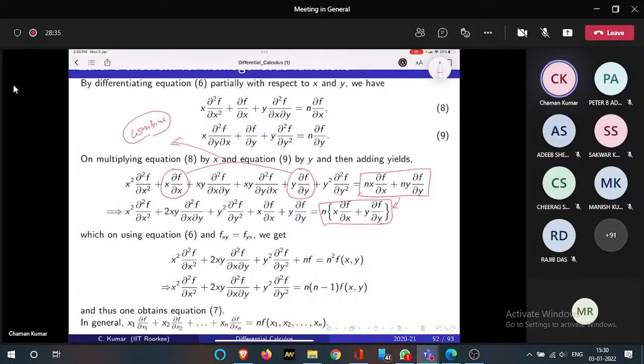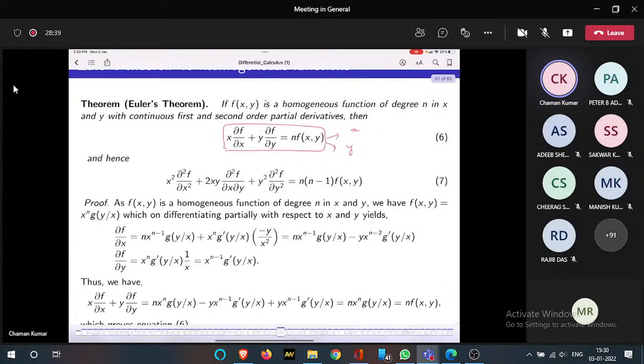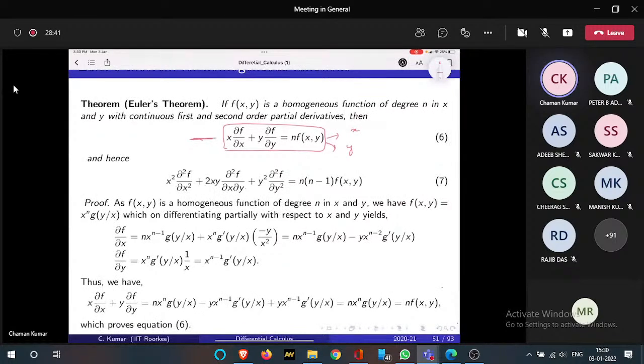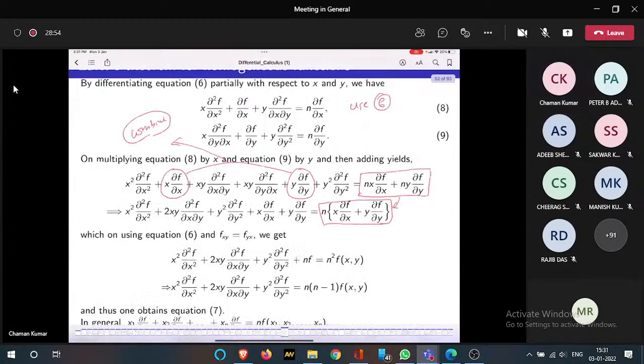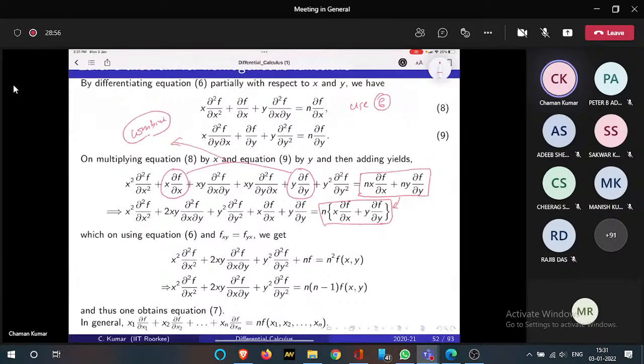And then use equation 6. So what is equation 6? This is equation 6: x times the partial derivative with respect to x plus y times the partial derivative with respect to y is equal to n into f. So just use this one. When you combine these together, this will be equal to n into f.